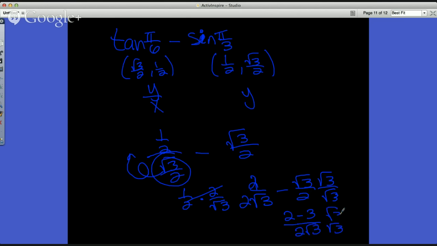Multiply by square root of 3 on top and bottom, and now what I'll end up getting is 2 root 3 minus 3 root 3 all over 2 times square root of 9, or we'll say 2 times 3, which would be 6. Okay? And what we'll do is we'll actually leave it just as is, because that 2, 3, and 6, nothing can divide into it evenly.